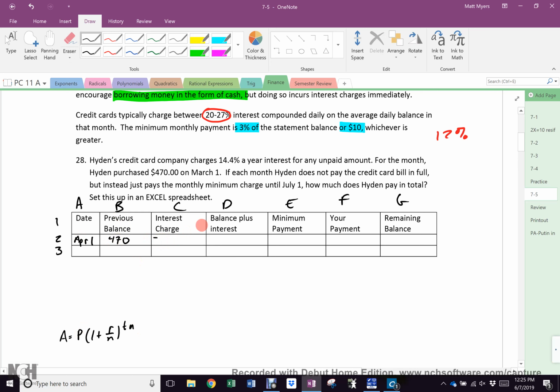I'm not going to have room there. So B equals B2 times what? Bracket 1 plus, what's our rate? So 0.144, agreed? Over what? Read the question.